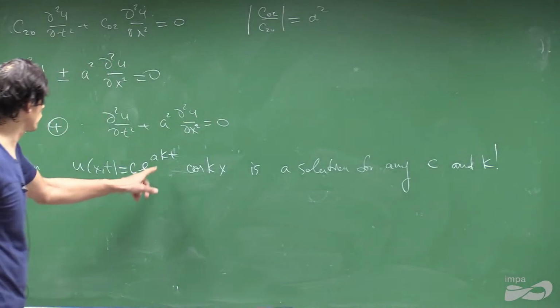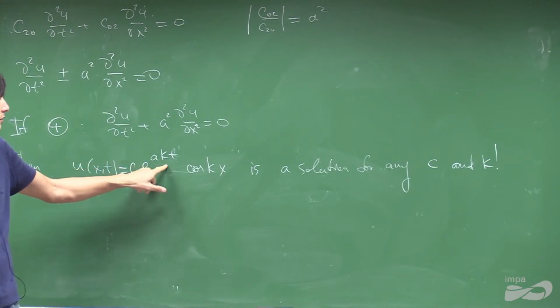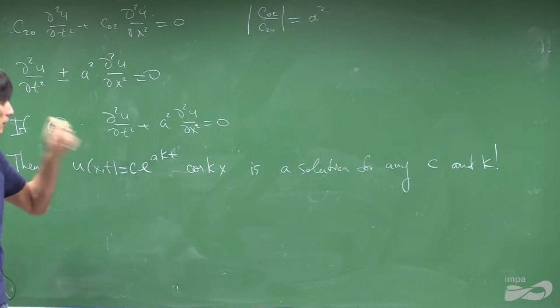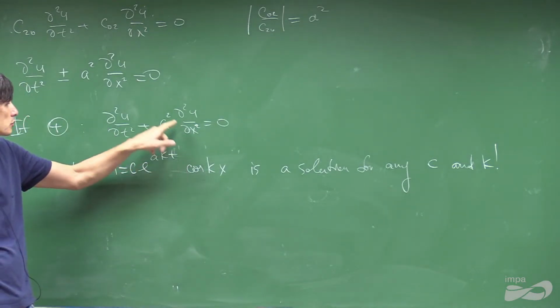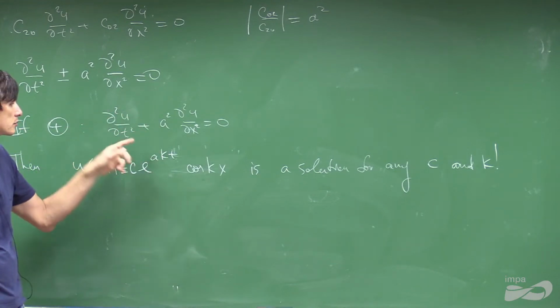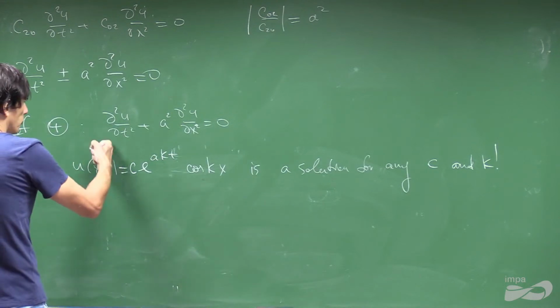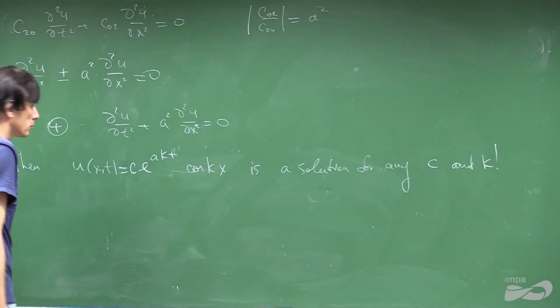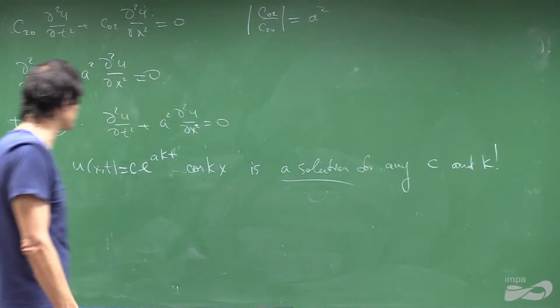So you see, whatever k you put here and whatever C you put here is a solution, because the second derivative with respect to time will give you a squared k squared, right? a will cancel. And the second derivative with cosine will give you minus k squared. So k will appear on both sides. Everything cancels. So check it. This is easy.